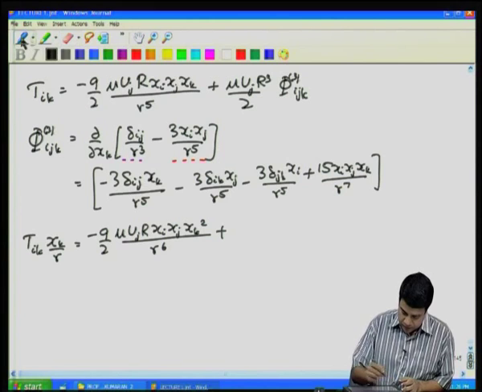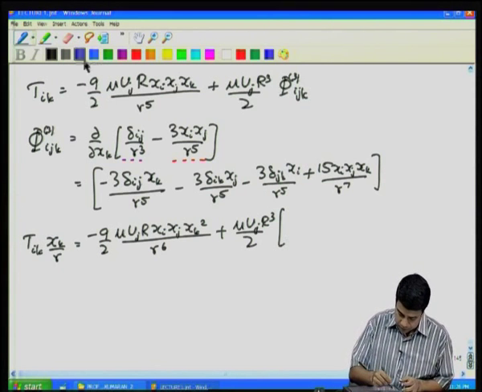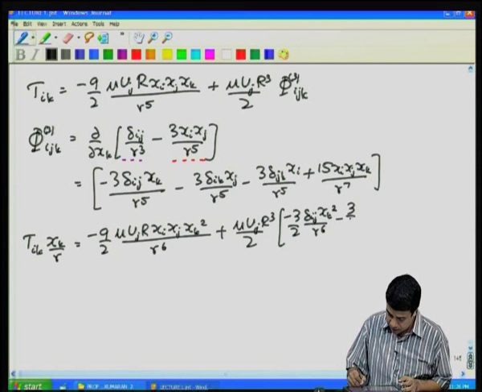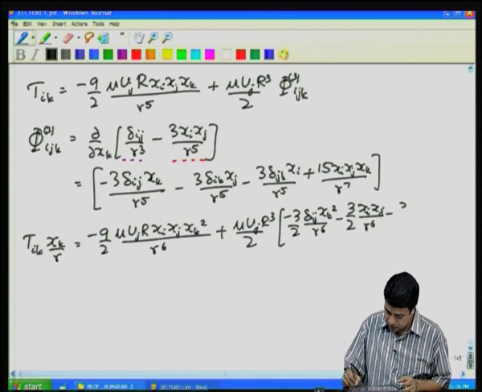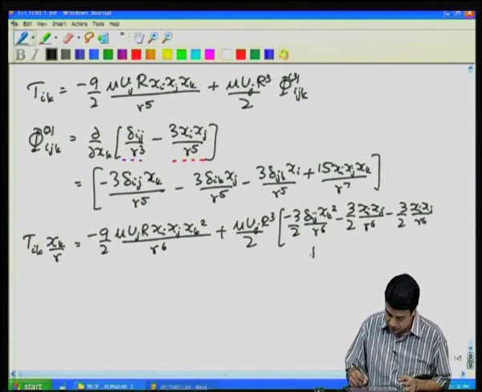Let's put the prefactor there, and that is r cubed by 2 into x k square by r power 6, minus 3 by 2 delta i k times x k just gives me x i x j by r power 6, minus 3 by 2 x i x j by r power 6, plus the last term there, which is plus 15.